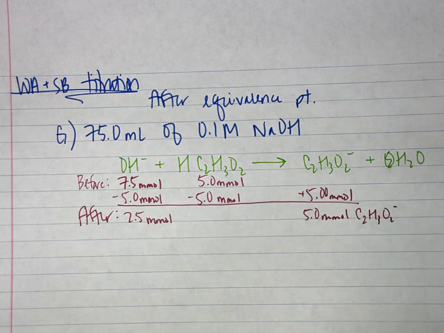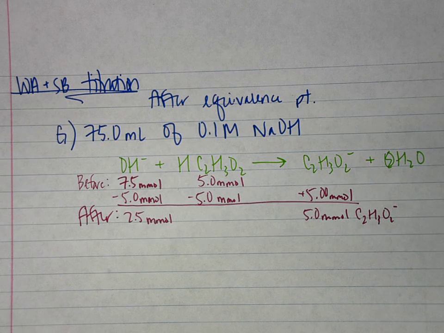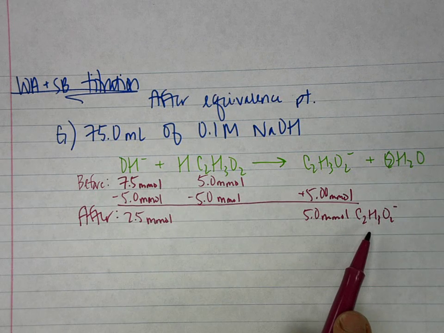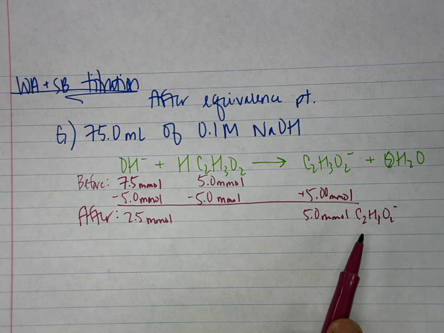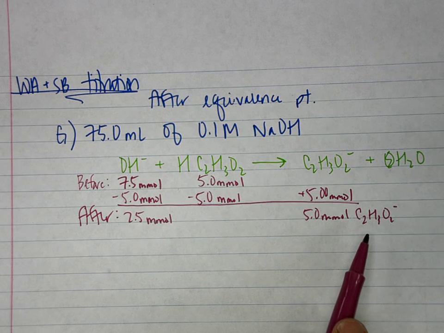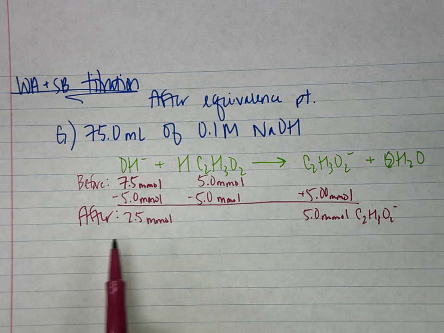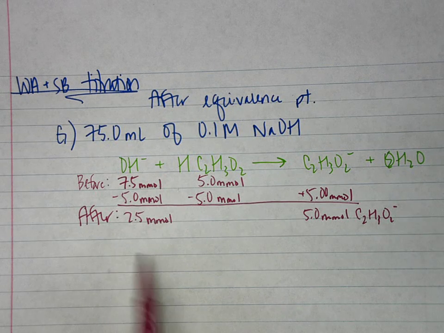But what's important to notice, guys, is that the acetate ion, yes, we looked at it in the previous problem, did act as a base, but it's such a weak base. On the other hand, our OH- comes from a strong base.